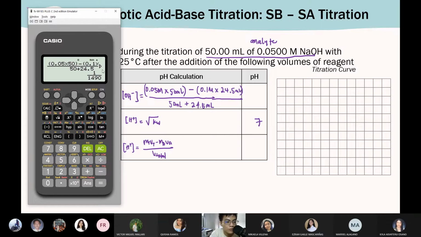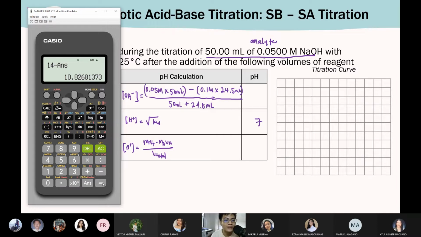This is the OH concentration. Now I get the pOH, which is just the negative log. This is the pOH, 3.17. To get the pH, that's 14 minus the pOH. So 14 minus the pOH, the answer is 10.83. Correct.